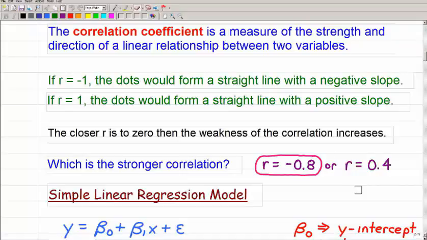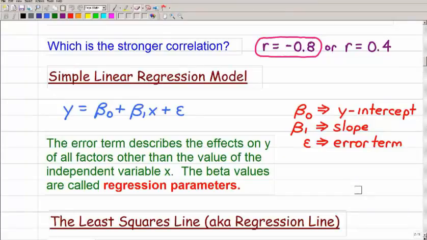Now let's look at what's called a simple linear regression model. It uses Greek letters: y equals beta 0 plus beta 1 x plus epsilon, where epsilon is an error term. Anytime you use samples to measure a population, you're going to have an error term. Beta 0 represents the y-intercept, and beta 1 represents the slope.